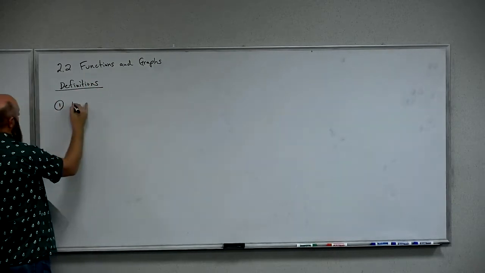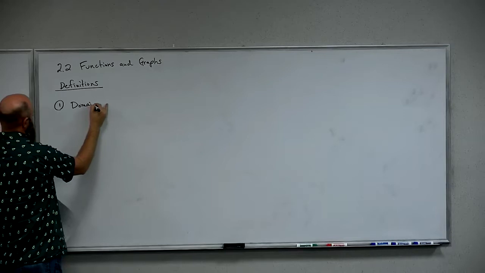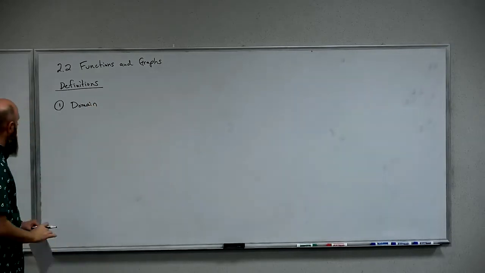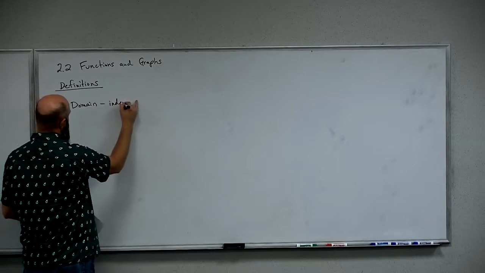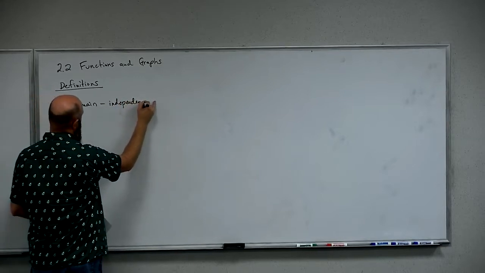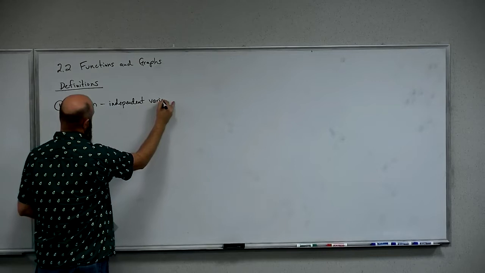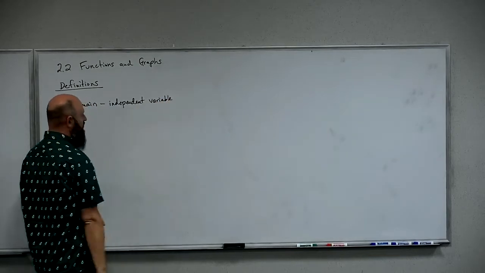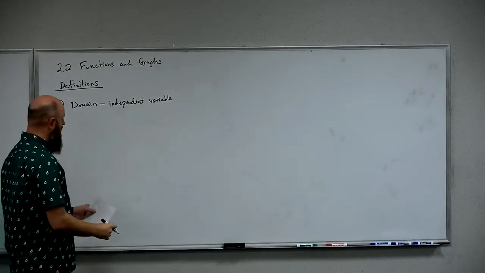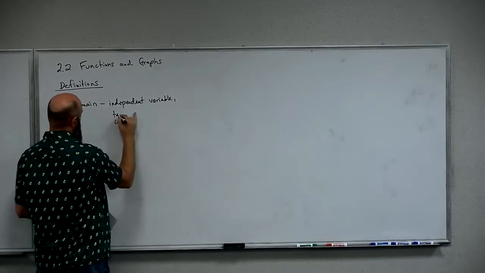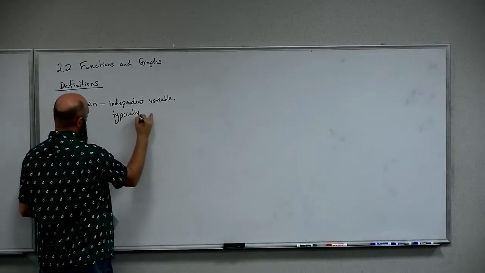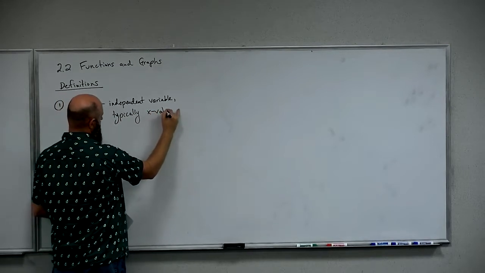So our first one is called the domain. This is our independent variable, also known as the input, and this is typically the x values.